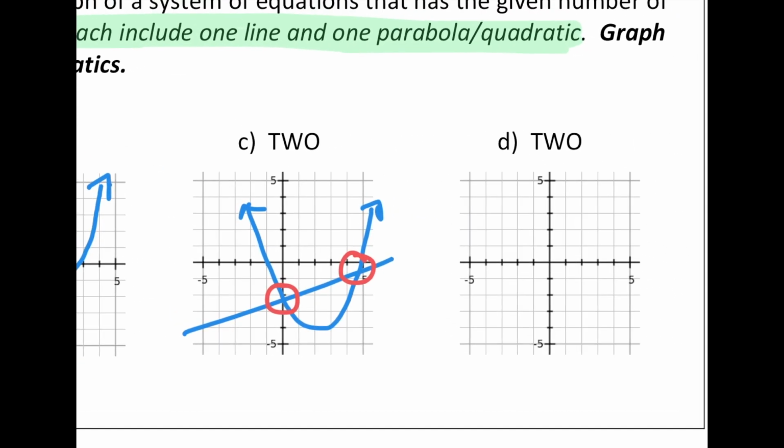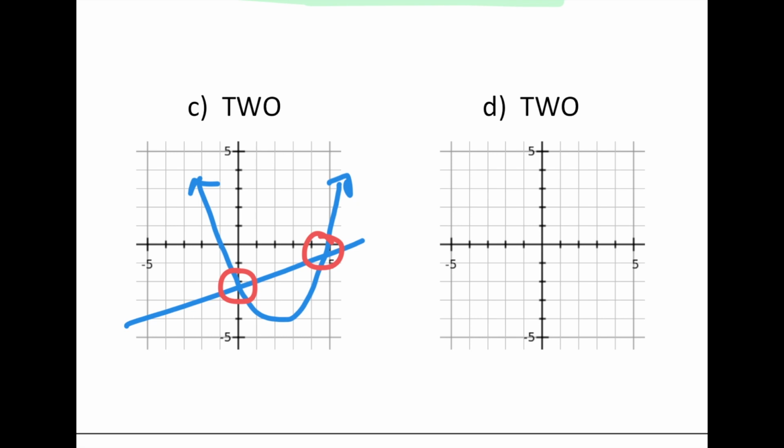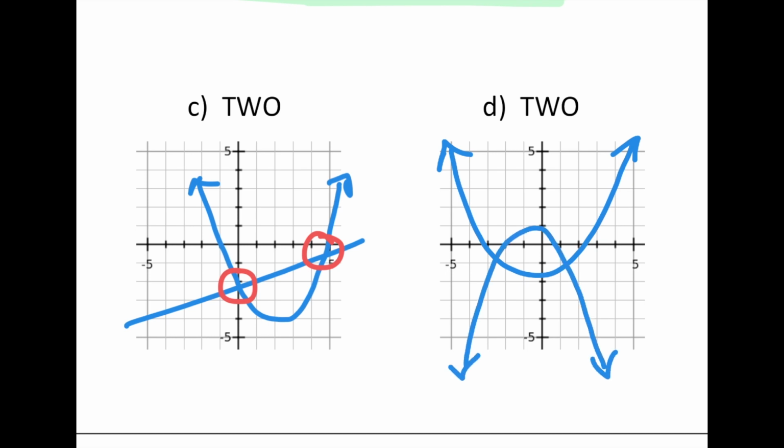And then in the last example where it asks for 2 parabolas or 2 quadratics that have 2 solutions, I think the easiest thing to do would be to graph one opening up and an intersecting one opening down, and your 2 solutions would be here and here.